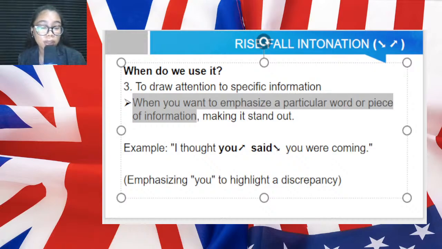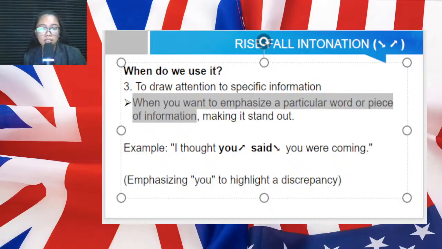By putting the rise-fall on you, you're implicitly expressing surprise, or you can be expressing mild disappointment or even a gentle reproach towards that specific person because they were the one who committed. It's as if you're saying, I understand someone was supposed to come, but I thought you, and specifically you, were that person and now you're not here.